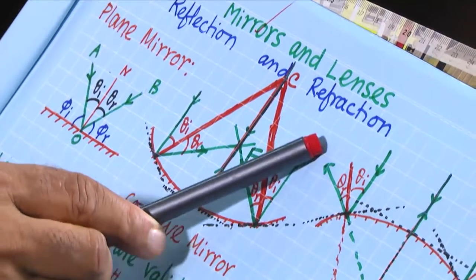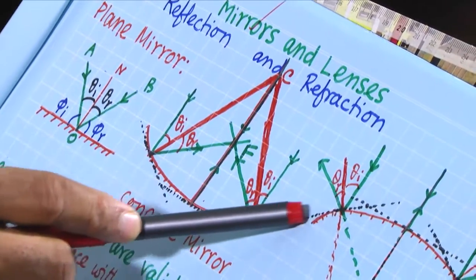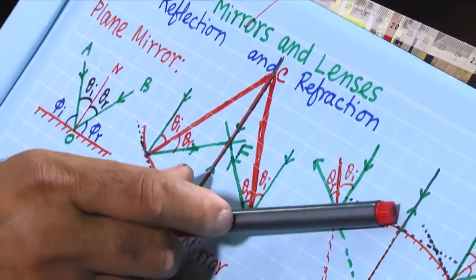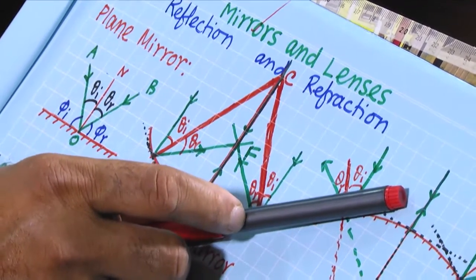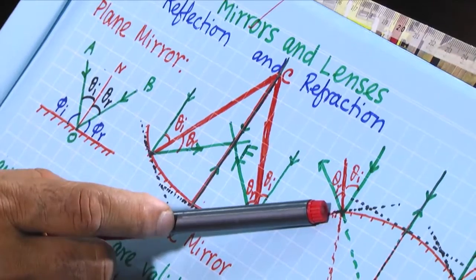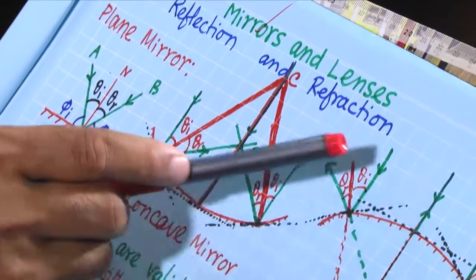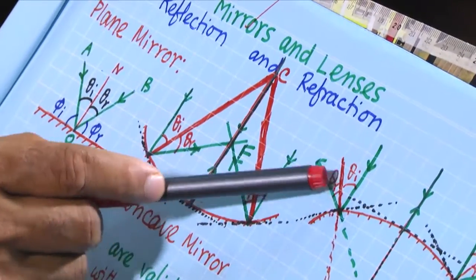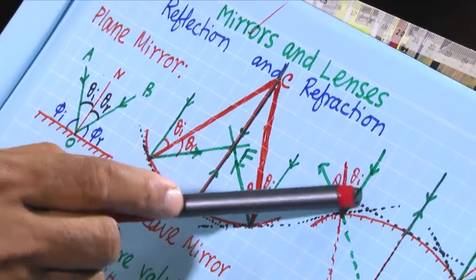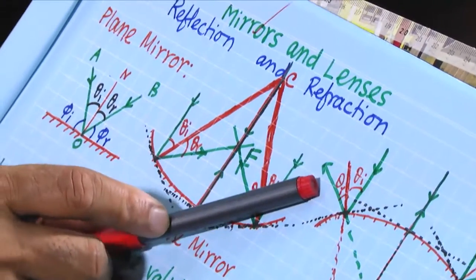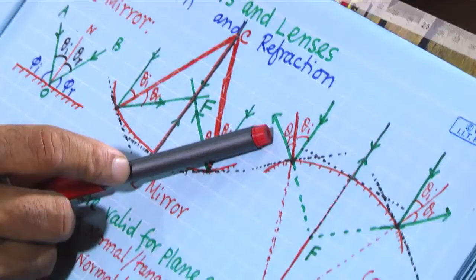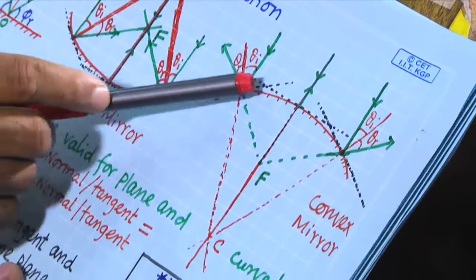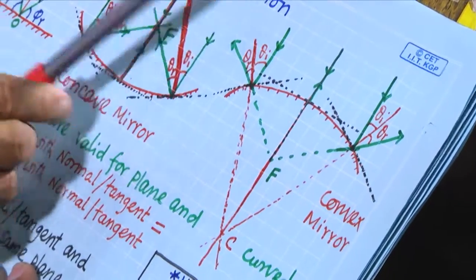So here again you have to draw a tangent. So this tangent acts as if it is a plane mirror. Now on this tangent, this is the normal. So the angle of incidence with this normal will be equal to the angle of reflection. Okay, so here also it's basically from curves.